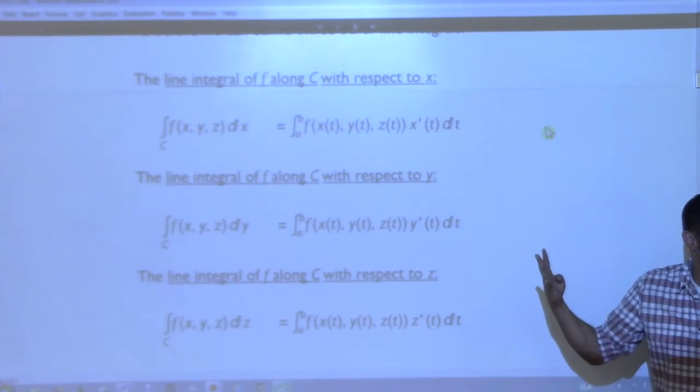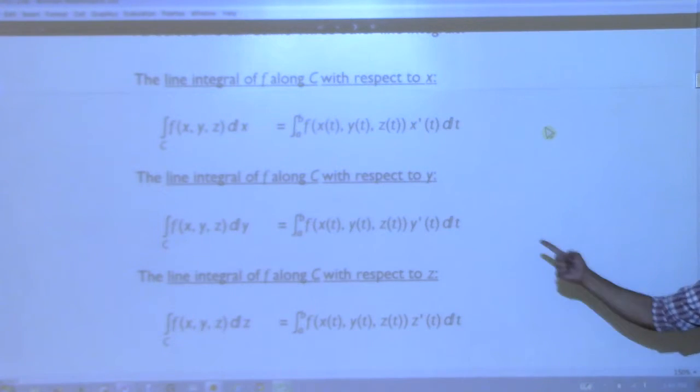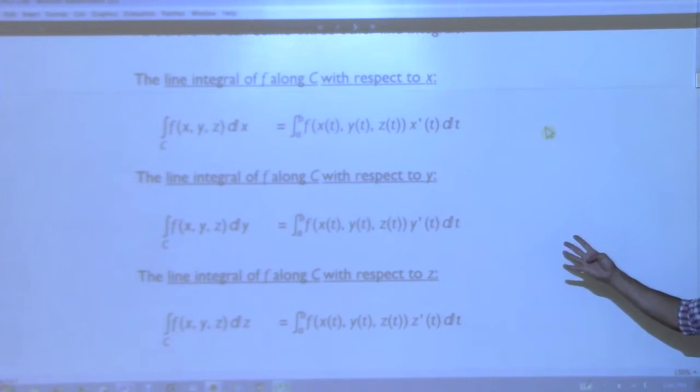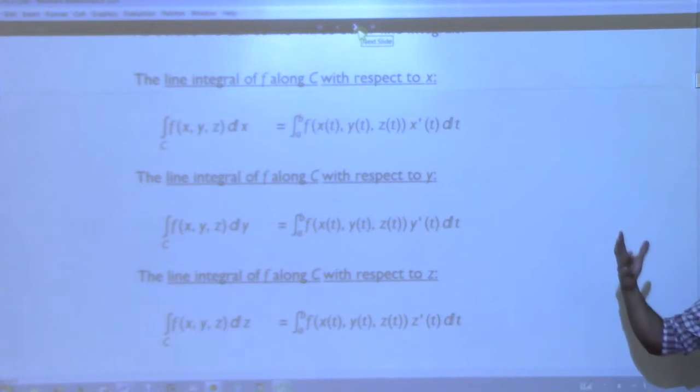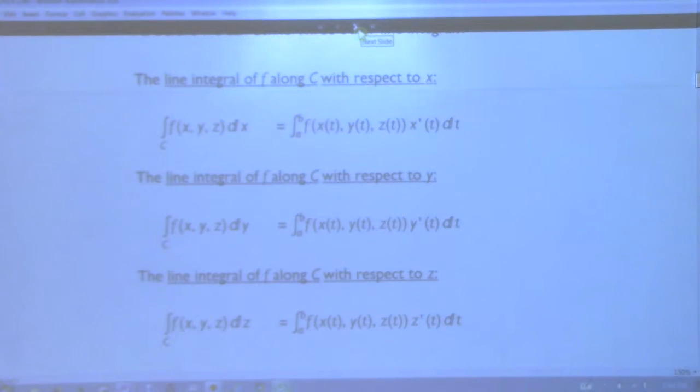So now there are four possibilities in total: arc length, x, y, and z. I can't show you a visual of what we're doing because we're in four-dimensional space with this. So I can't show you a shadow being cast or anything like that. It's just not possible.